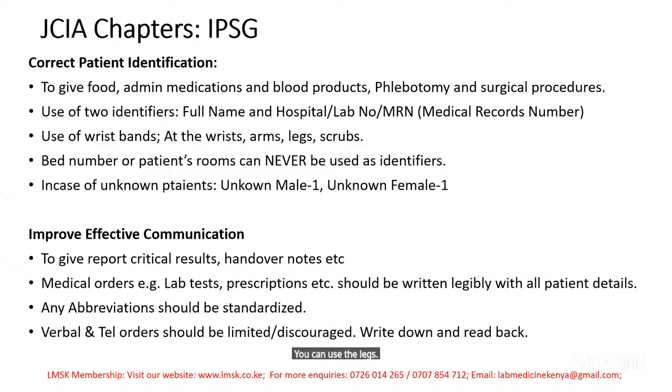If the patient doesn't have any leg for whatever reason, you can stick a wristband sticker on his or her scrubs. In case of unknown patients, you can identify them as unknown male 1, unknown female 1, unknown male 2, and in that order progressively.